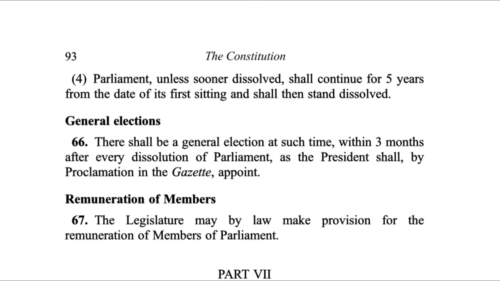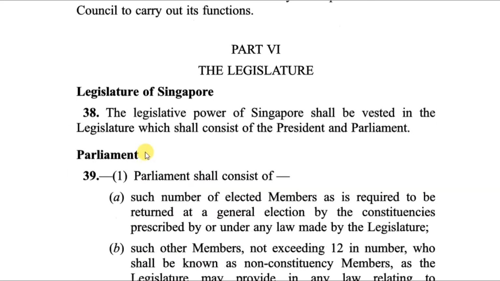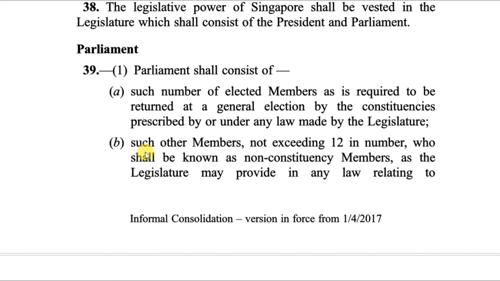Now, where do we find the elections in our Constitution? Well, in a few places. First, there is Article 66, which simply states that after Parliament is dissolved, general elections must be held within 3 months. There's also Article 39, titled Parliament.